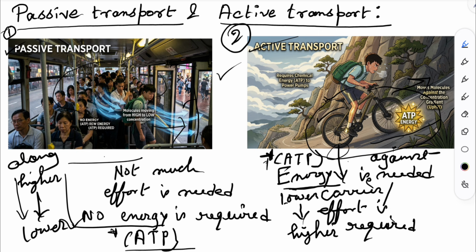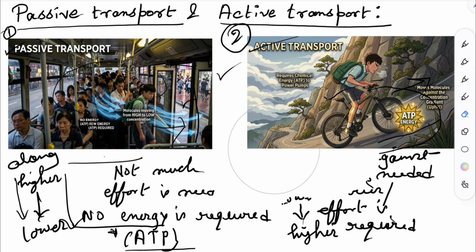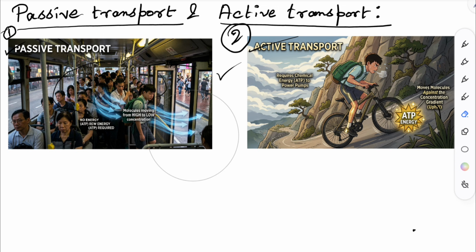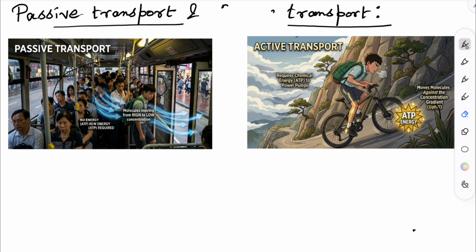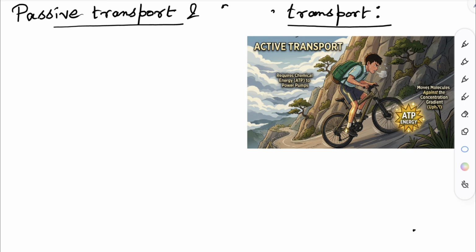So I have given this image to help you understand how active transport and passive transport work. Now I'm going to show you one real image of active transport and passive transport.